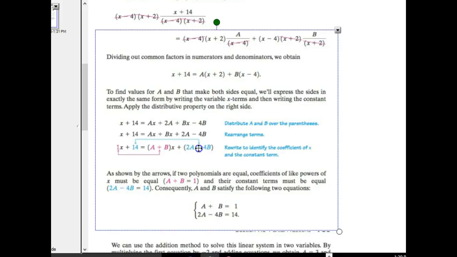And the 2a minus 4b, which is the constant part, has to be equal to 14, which is why you see the blue arrows connecting those two. Now, if I set those equal, I end up with two equations: a plus b equals 1, and 2a minus 4b equals 14.